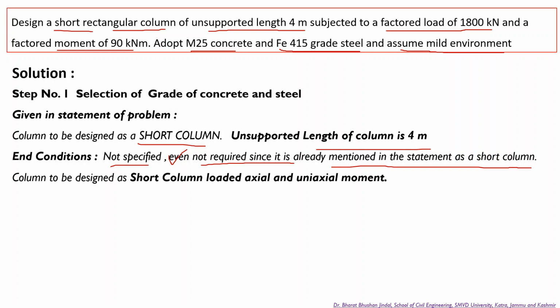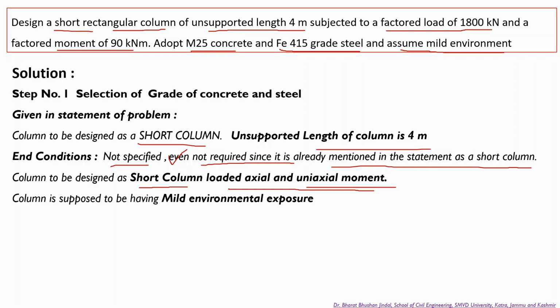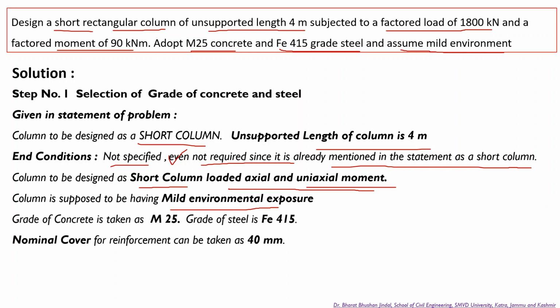Now it is decided that the column will be a short column loaded axially as well as with a uni-axial moment. That means the column will be subjected to axial load plus uni-axial moment, so some moment is also associated with the axial load. The column is exposed to a mild type of environment.